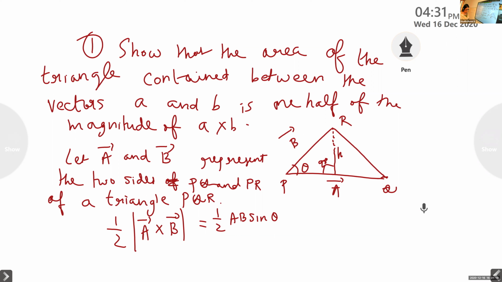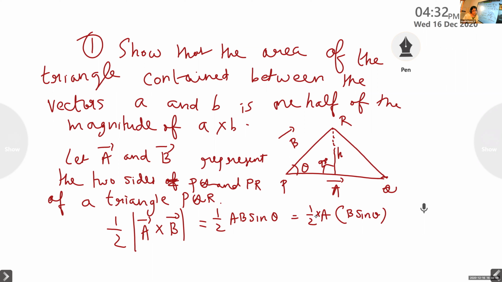So we have to get B sine theta. Half into A B sine theta.